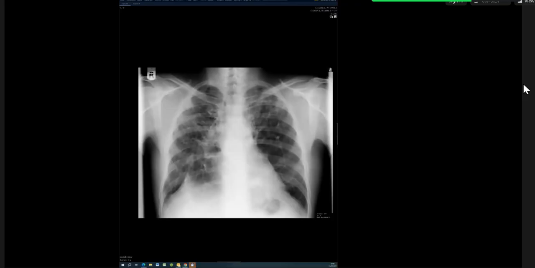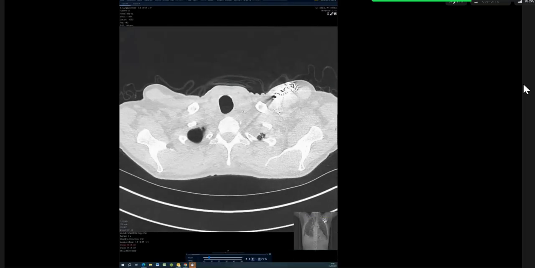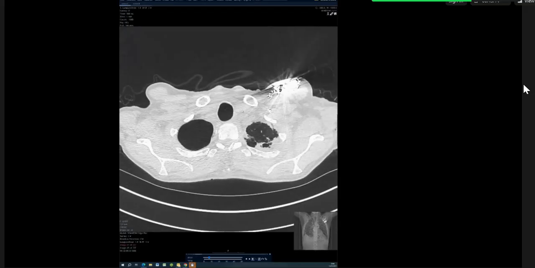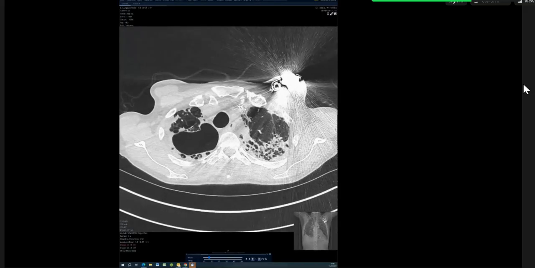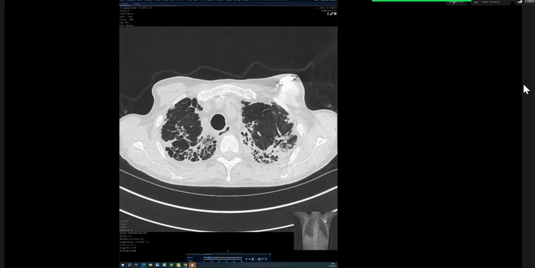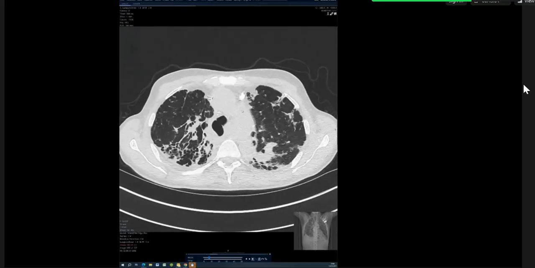So I'm going to give you the CT and see if you can narrow down. This is a high resolution CT thorax showing the bilateral mid and upper zone fibrotic changes, which are showing honeycombing changes.